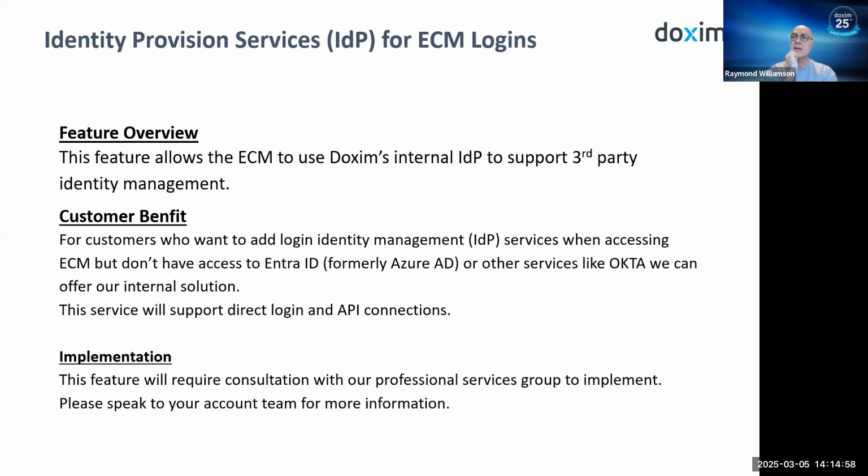So what we have done is within our ECM specifically, for those clients who are using an API to access our documents, this will allow for the API to validate the customer endpoint before the API is passed. Later on this year, we will be integrating that IDP to be able to send the 2-factor authentication. So the first stage of this is to be able to add third-party validation to our API connections.